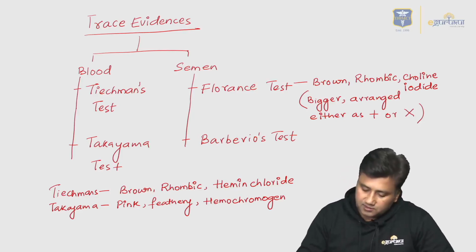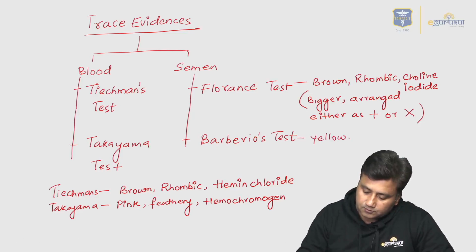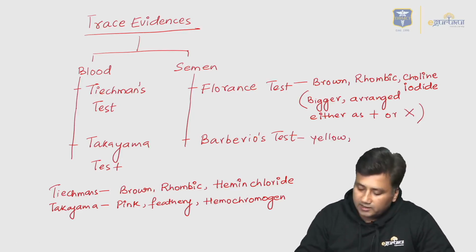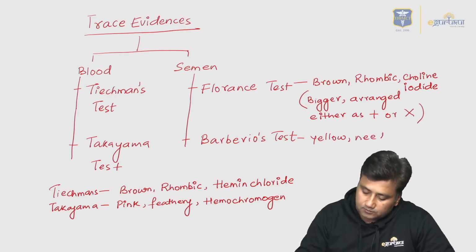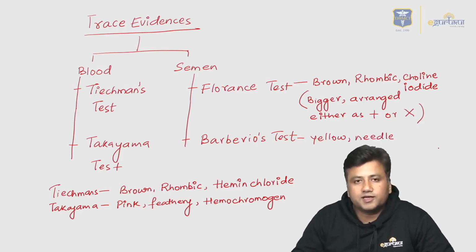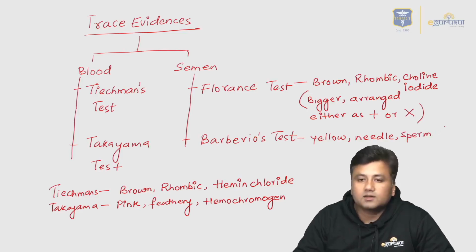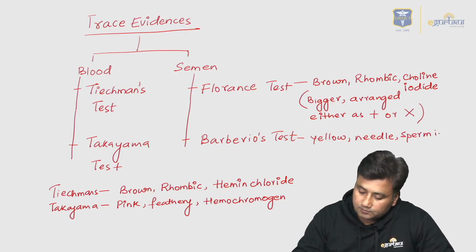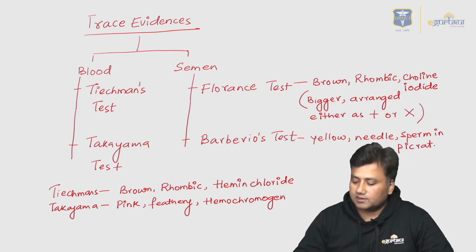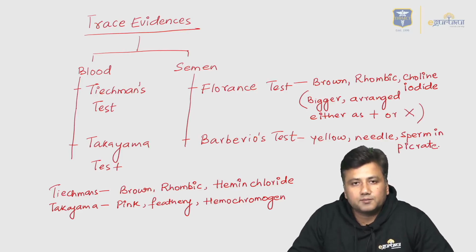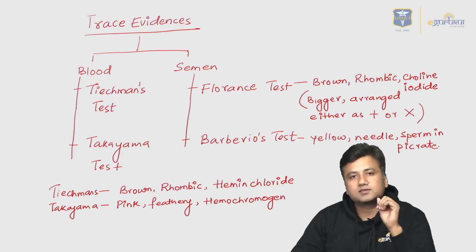Whereas in Barberio's test, we have yellow, needle shaped crystals. They are crystals of spermine picrate, and that was exactly what was asked in the examination.